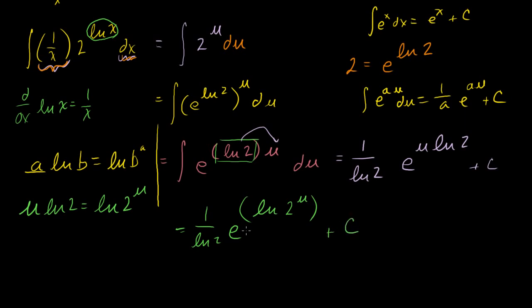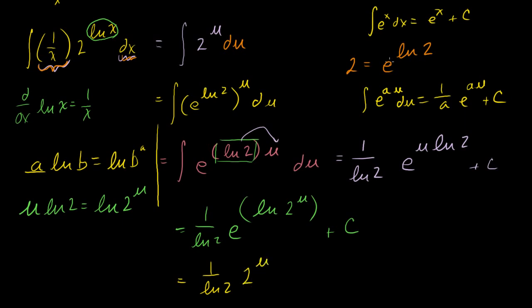Now, what is e raised to the natural log of 2 to the u? The natural log of 2 to the u is the power that you have to raise e to to get to 2 to the u, by definition. So if we raise e to that power, we're going to get 2 to the u. So this is going to be equal to 1 over the natural log of 2 times 2 to the u.